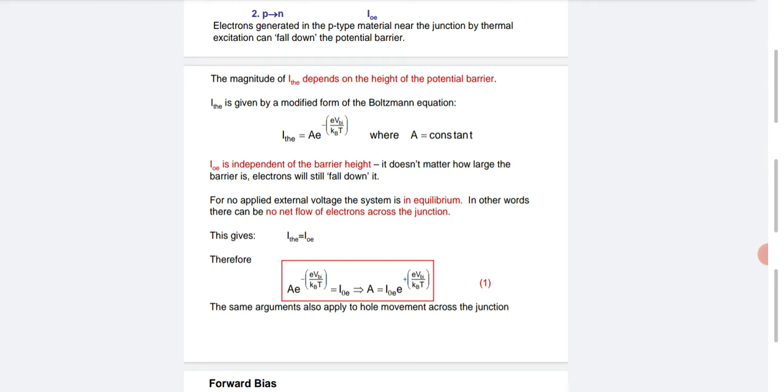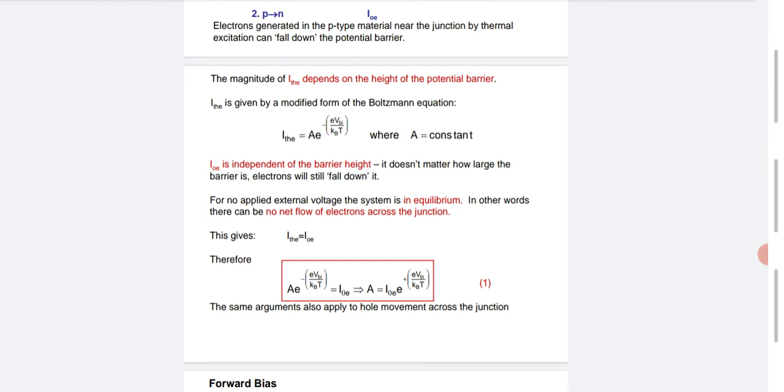It doesn't matter how large the barrier is, electrons will still fall down it. For no applied external voltage, the system is in equilibrium. In other words, there can be no net flow of electrons across the junction.